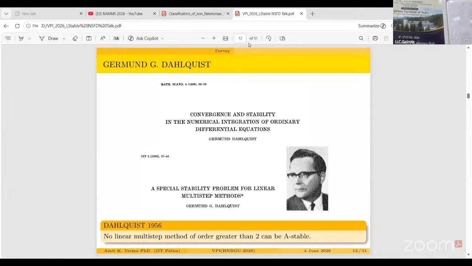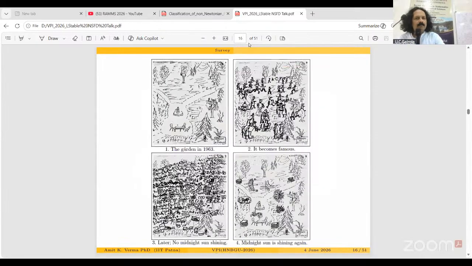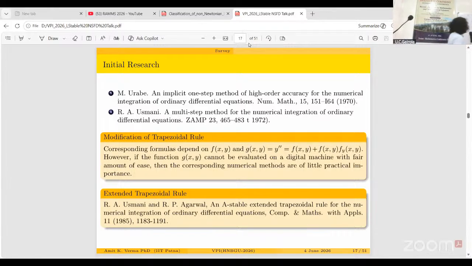So if you increase accuracy, it cannot be A-stable, but A-stability is very good for stiff differential equations. So people try to increase the accuracy and, at the same time, try to get stability also. This is the basic idea which leads to today's talk, the ideas and papers that I'm going to discuss. Right. For example, there are some results earlier, but this is a basic paper.